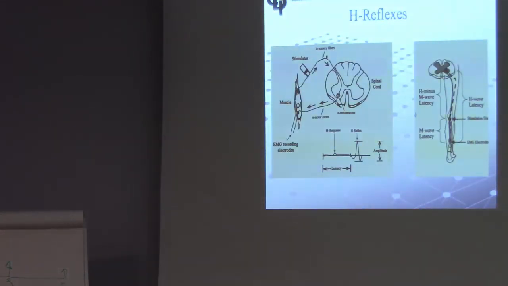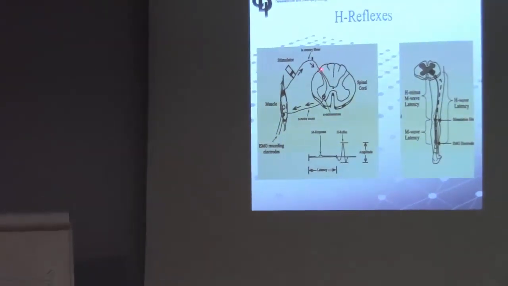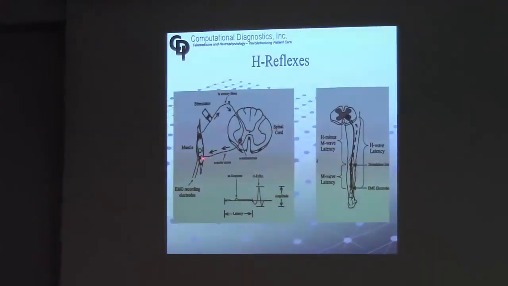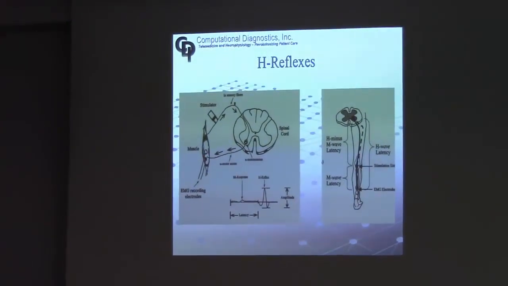H reflexes. We just wanted to talk briefly about that. So we have a stimulus on a peripheral nerve, flows in through the posterior horn, comes out through the alpha motor neuron, and excites the muscle.